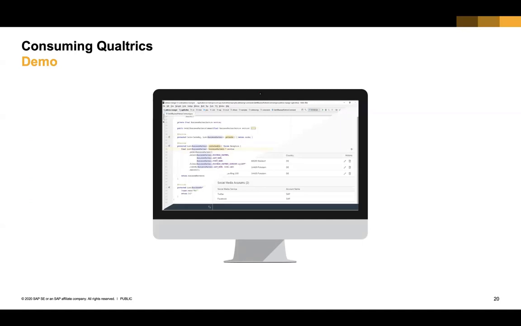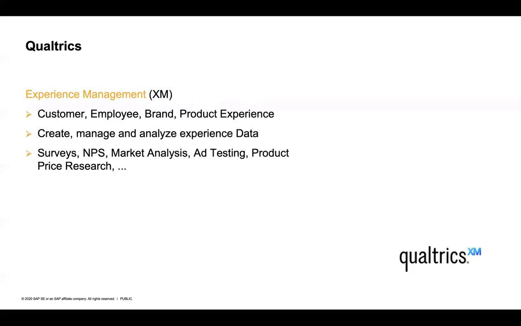The second part of the demo, where I want to show a little bit more, is consuming Qualtrics and accessing Qualtrics through APIs. A little bit of background on this. So what is Qualtrics? I think you probably have heard about it.